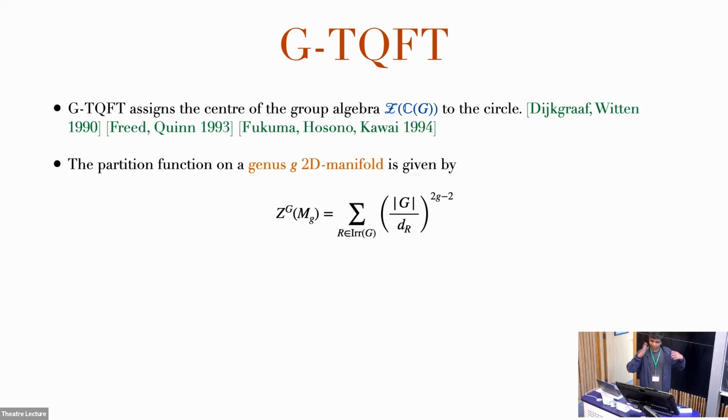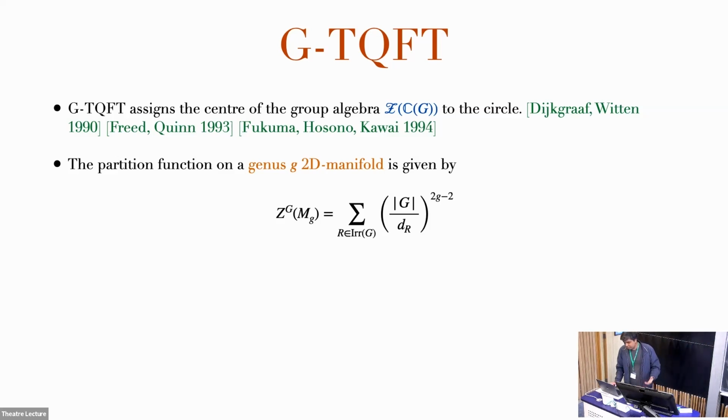For this theory, for the genus g 2D manifold Mg, we get a number which is this sum, where d_R is the dimension of the representation R. And we see that this is actually an integer for g greater than or equal to 1, or in general a rational number.